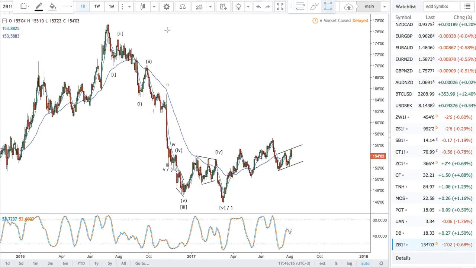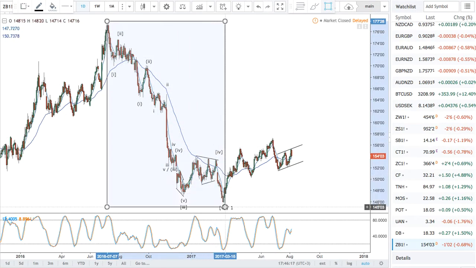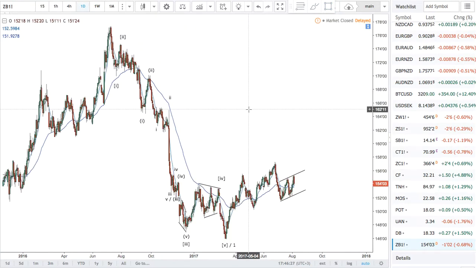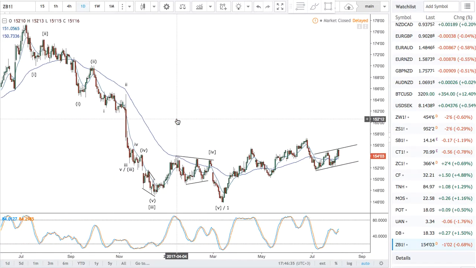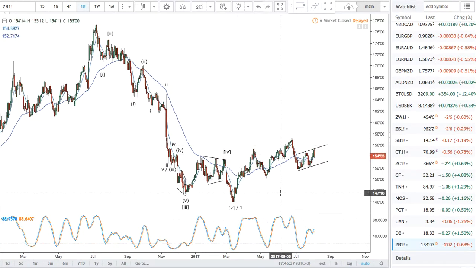But the key point is that we've had, by my reading, 5 waves down in ZB. And as such, bonds are bearish here. So that's my view on ZB.